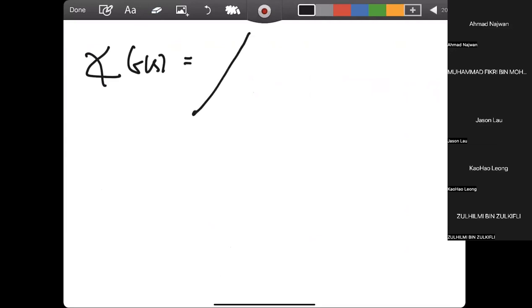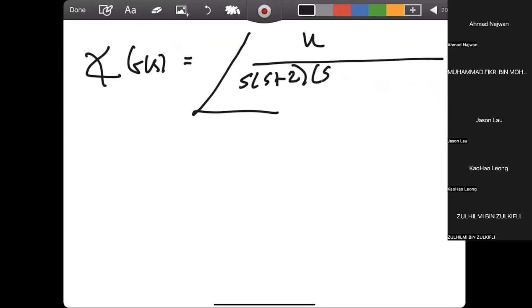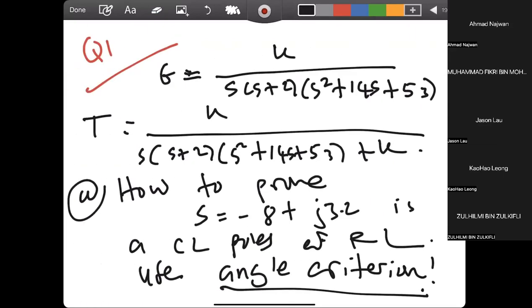So what is the angle criterion formula? Which is this one. s squared plus 4s plus 53, okay, so you have to find the roots of this. The roots are minus 7 plus or minus j2. That is the roots for the complex conjugate poles. It's a quadratic roots.